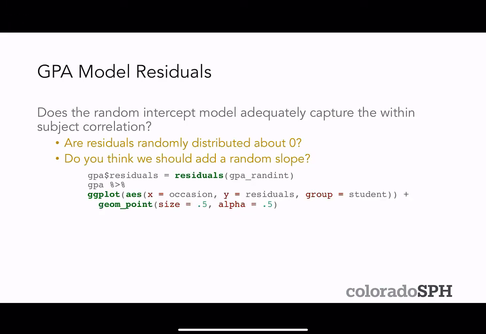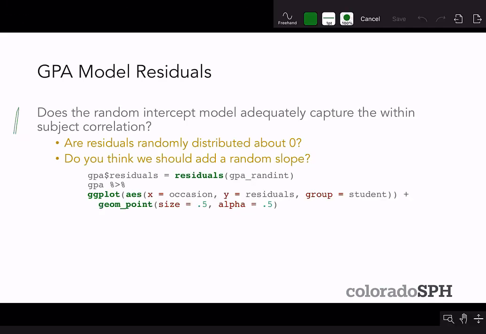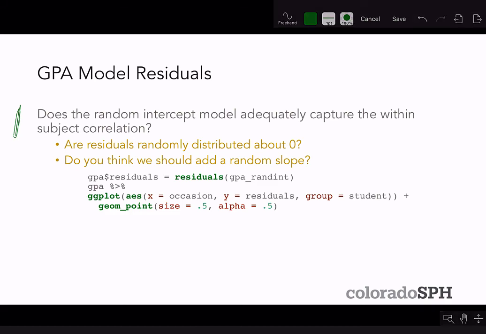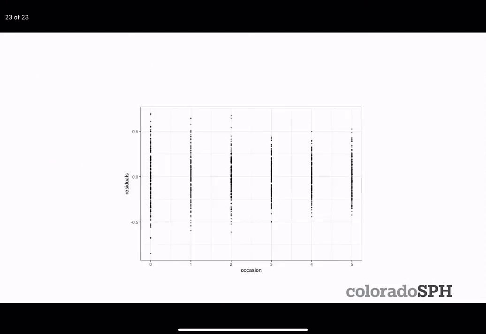And so what's another way to look at that? Do we think that the random intercept is adequately capturing the within subject correlation? One way to look at that is if the residual is randomly distributed around 0 and homoscedastic. So let's look at those residuals.